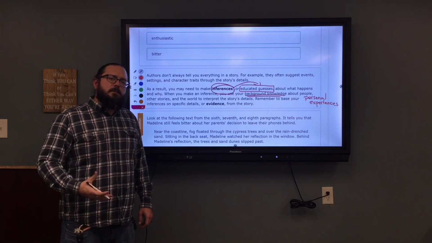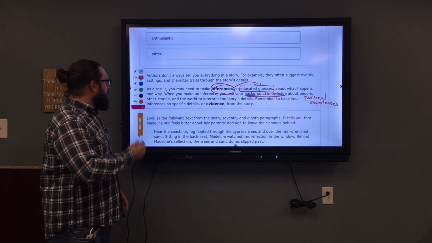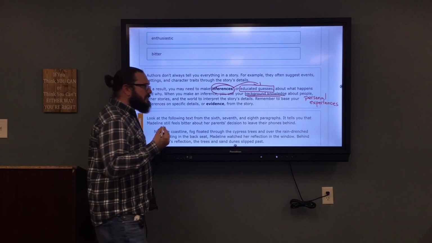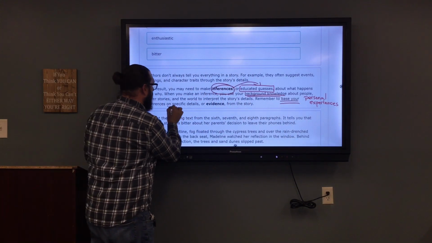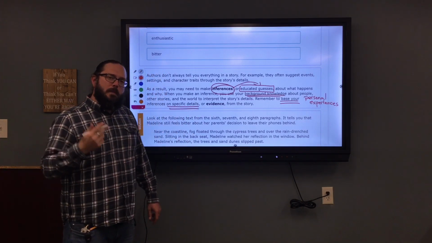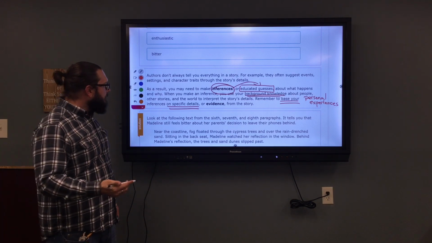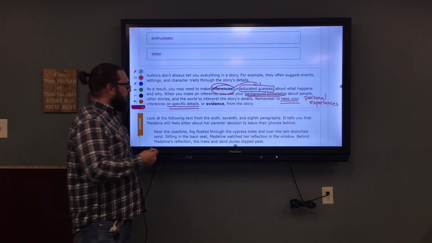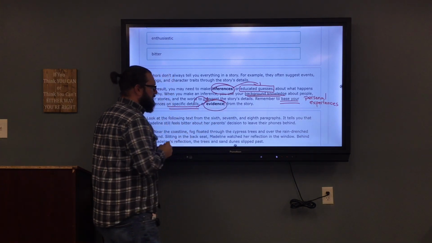For your inference to hold water, for it to make sense, you have to make sure that it is based on specific details. So if you make an inference, you have to have the details to back it up. These specific details are what are known as evidence.